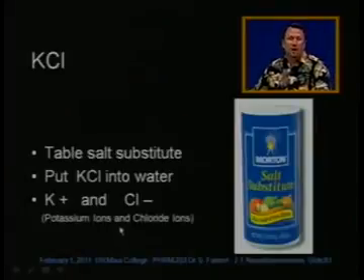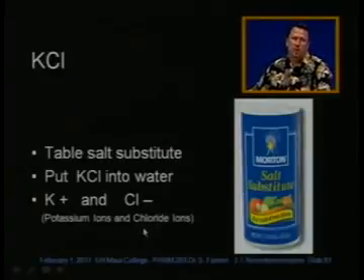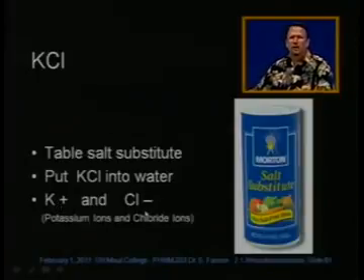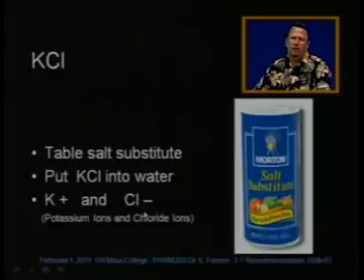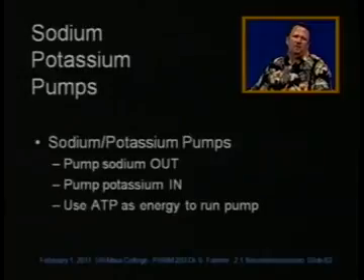Potassium chloride is a salt as well, despite what they put on the can at the grocery store. Potassium chloride is a salt. When we put the potassium chloride into water, we get potassium ions and chloride ions as well. So sodium and potassium are very important ions in neurotransmission and action potential, and I think we're getting ready to talk about that.